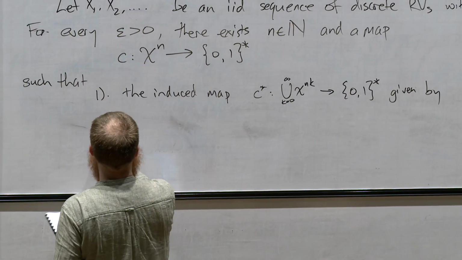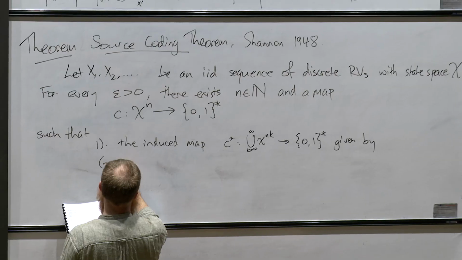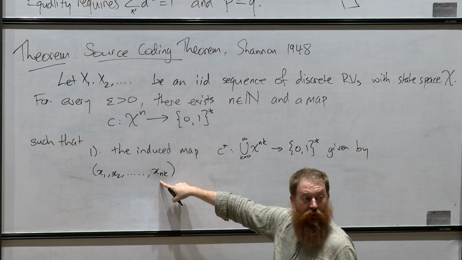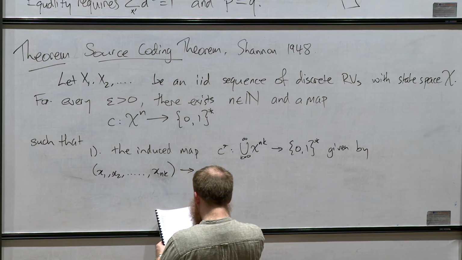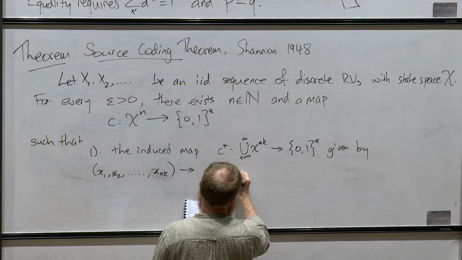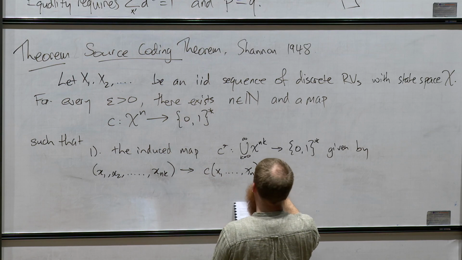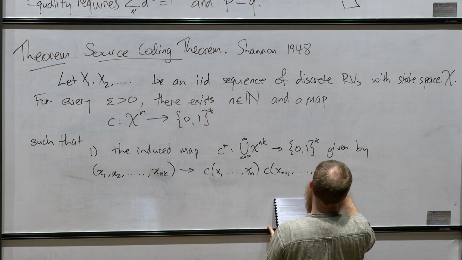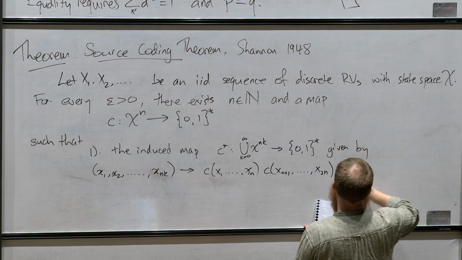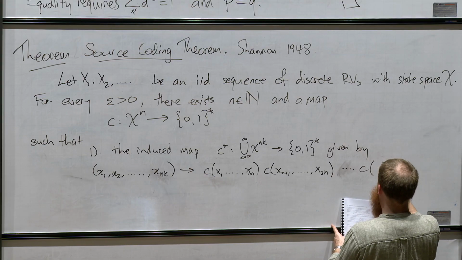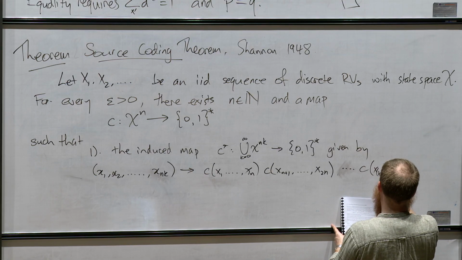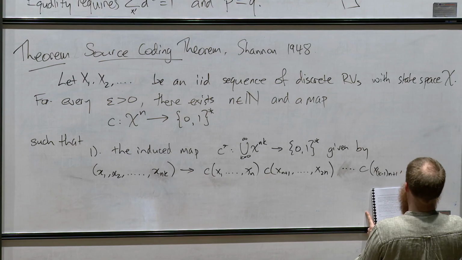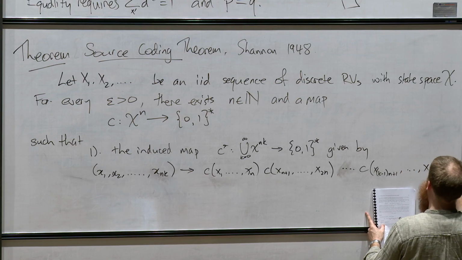okay, so I'm going to take x1, x2, all the way up to xnk for some k, that's a natural number, and it gets mapped to C of x1 through to xn, C of xn plus 1 through to x2n, etc. up to C of x(k minus 1)n plus 1 all the way up to xnk.